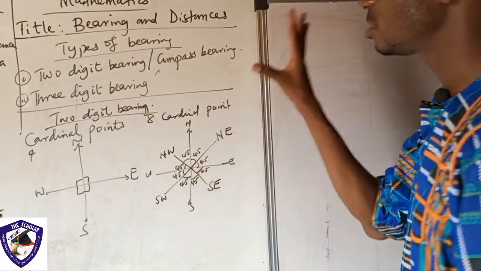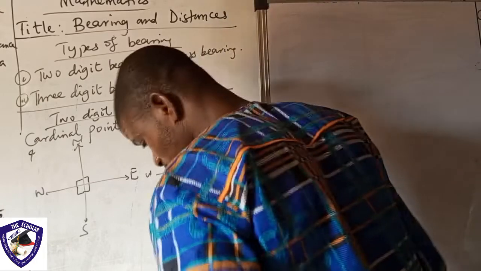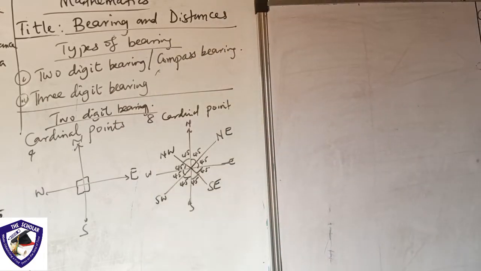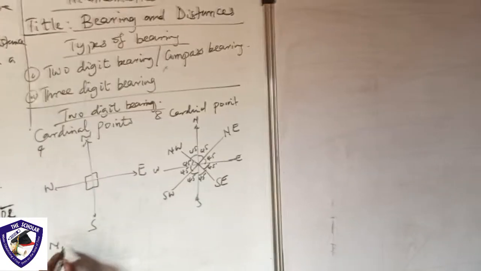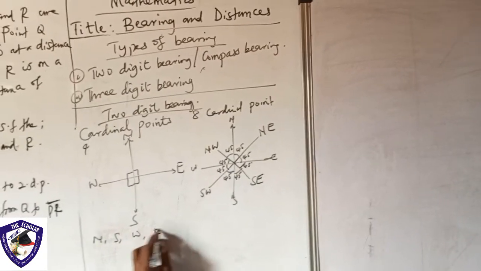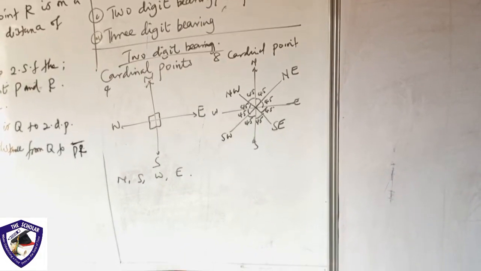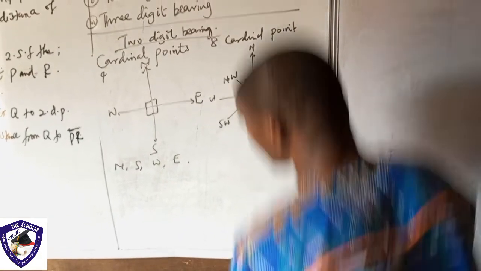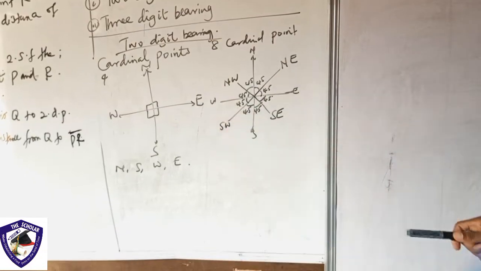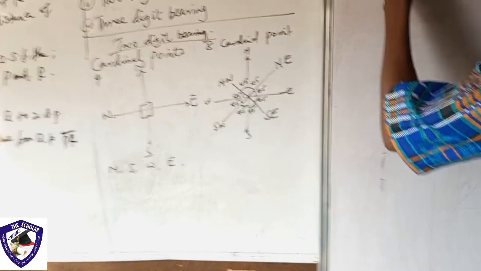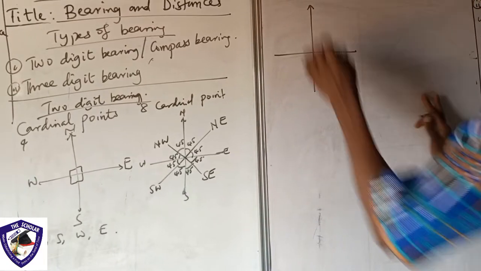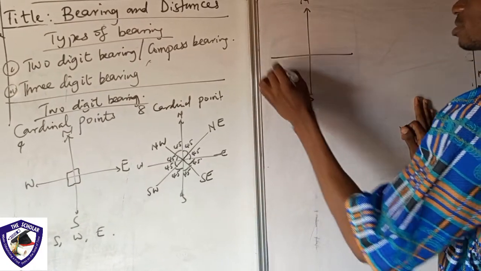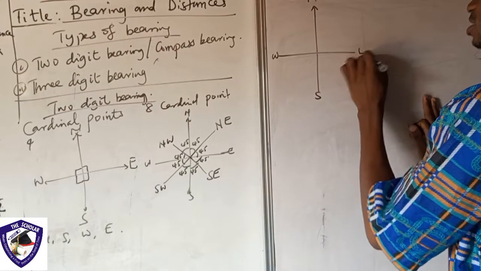So in measuring bearing using two-digit bearing or cardinal points, you always measure with respect to north, south, west, or east. One important thing you need to note is that it's very, very key: north, south, west, and east.